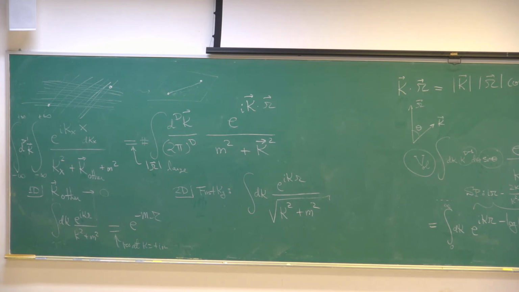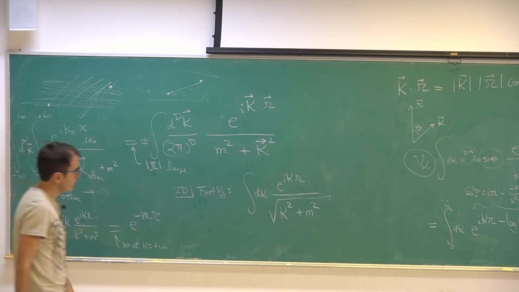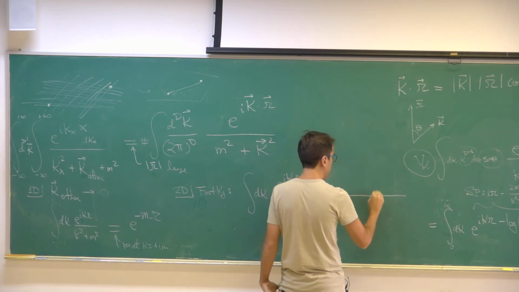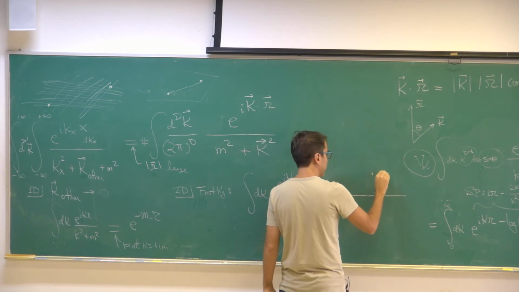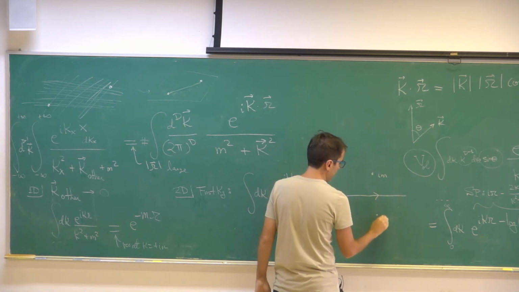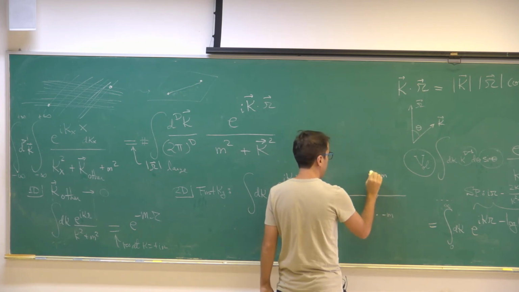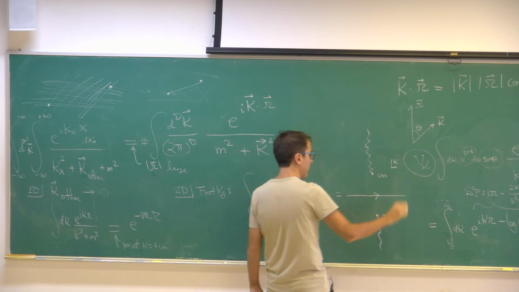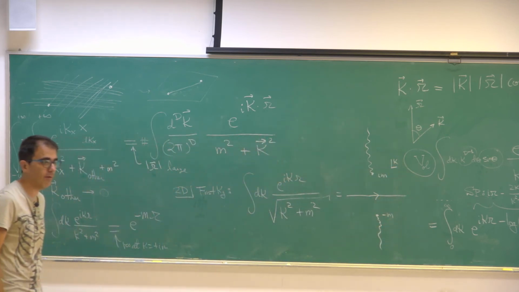Do you agree? I just took the residue of ky. Ky is 0 at plus minus i times the square root. And you see that this is an integral over the real line where there is the square root cut at im and the square root cut at minus im, in the remaining k plane.